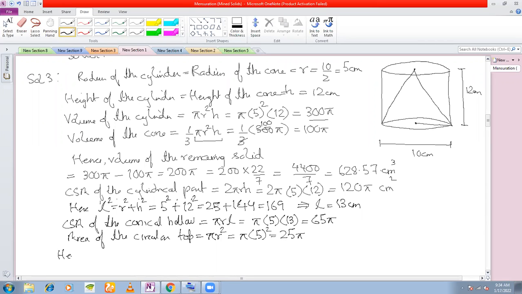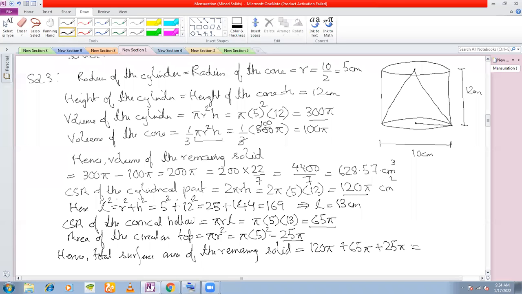Hence, total surface area of the remaining solid is curved surface area of the cylindrical part, 120 pi, curved surface area of the conical part, 65 pi, and the area of the top circular part, 25 pi.